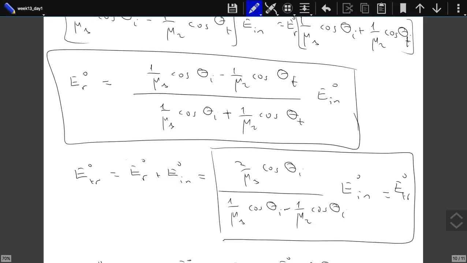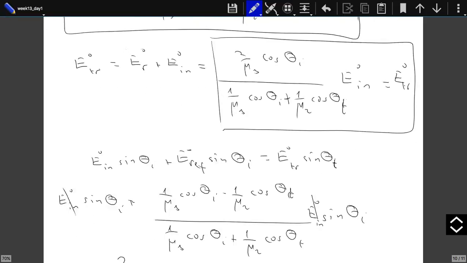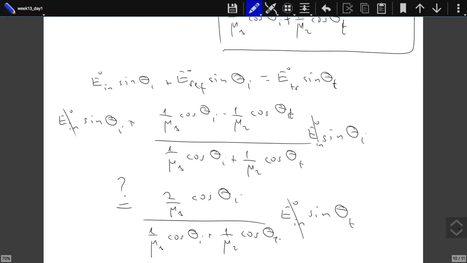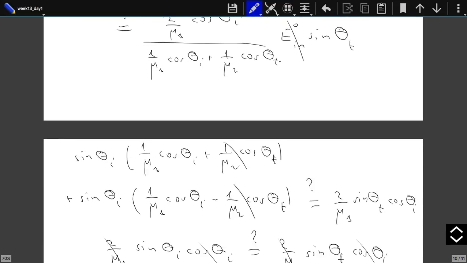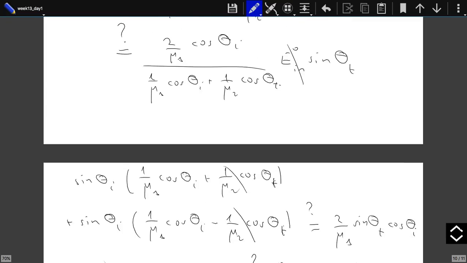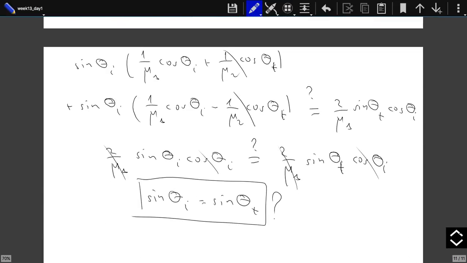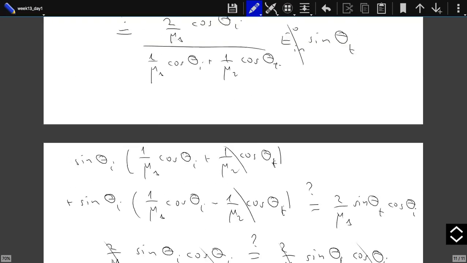So if we just add E reflected and E incident to this one, the cosine theta t terms cancel, we end up having this term. So this is theta t. And then we are checking this relation, which doesn't hold. So at least in our derivation, nothing seems to be wrong.